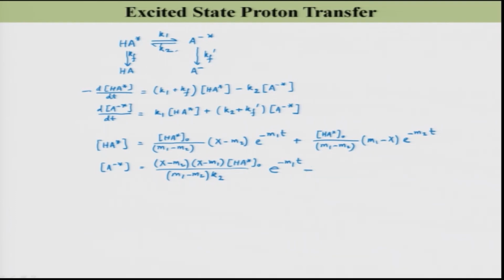So, here this minus sign signifies the formation, right, minus (x minus m2) into (x minus m1), like this way, HA star 0 divided by m1 minus m2 into K2, and this will be my e to the power minus m2 t.